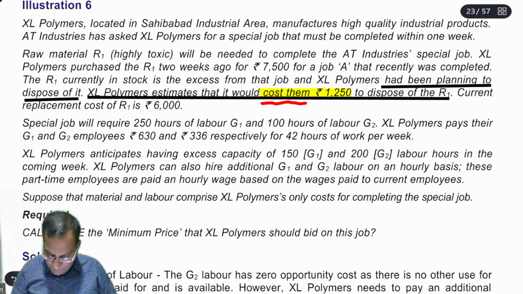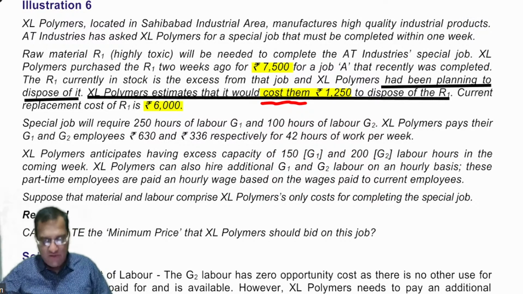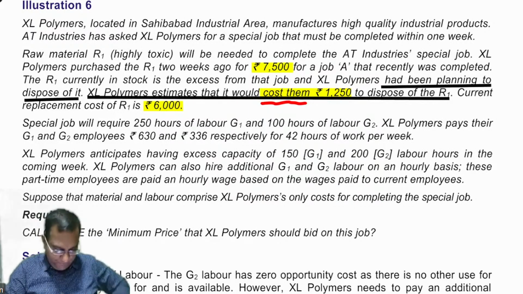Now tell me, beta, whether 7,500 and 6,000 are relevant cost or irrelevant cost. You have to fulfill both the conditions. The cost must be a future cost, and the future cost must change due to the decision in hand. In this particular question, the decision in hand is the special order of AL Industries.